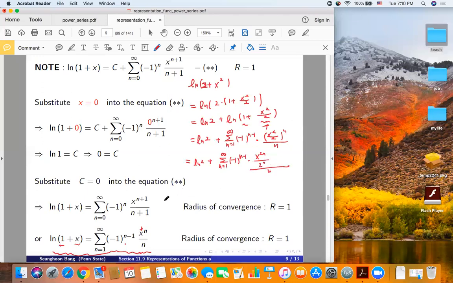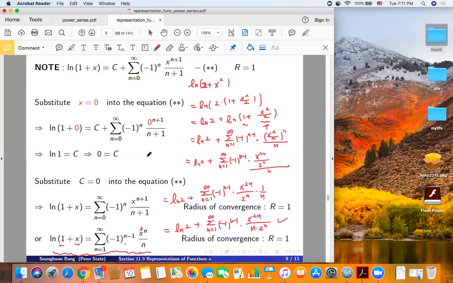So simplify more. ln of 2 plus the summation, n equal 1 to infinity, of minus 1 to the power n minus 1 times x to the 2n over 2 to the power n times 1 over n. So the final answer is ln of 2 plus the summation, n equal 1 to infinity, of minus 1 to the power n minus 1 times x to the 2n over n times 2 to the power n. This is the whole idea.